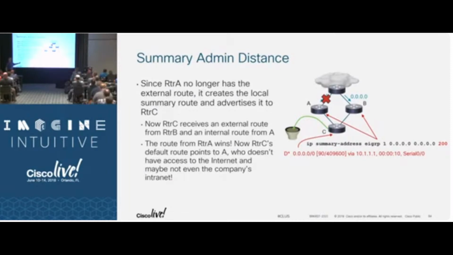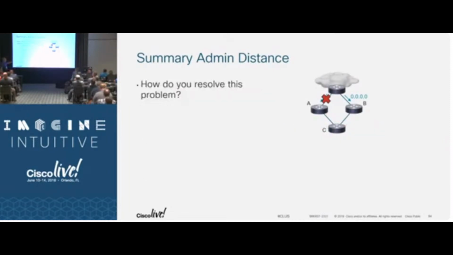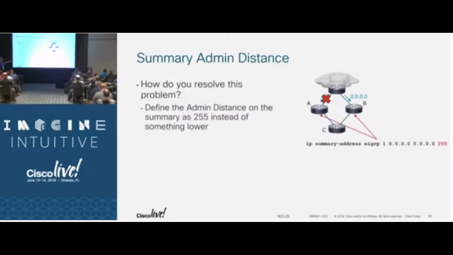How to solve this? There is a possibility that we can define the summary network with an administrative distance of 255. This is actually a very, very specific way of doing this. What will happen if you use 255 on a summary is that you will only advertise that network if you happen to learn it yourself exactly as written, in this case, exactly the default route, but you won't advertise it if you don't learn it yourself.